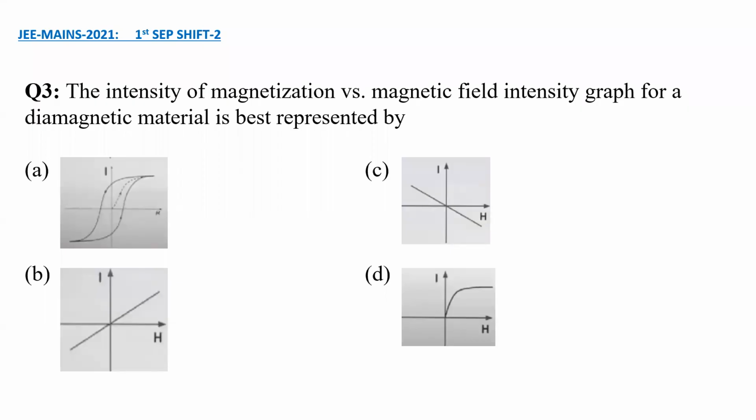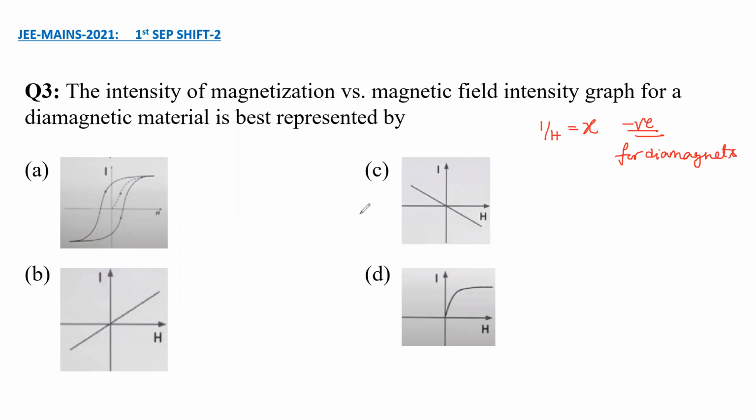As we know, the ratio of intensity of magnetization to the magnetic field intensity is nothing but susceptibility. So I by H is equal to susceptibility, which is negative for diamagnets.